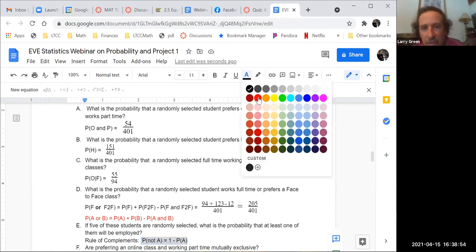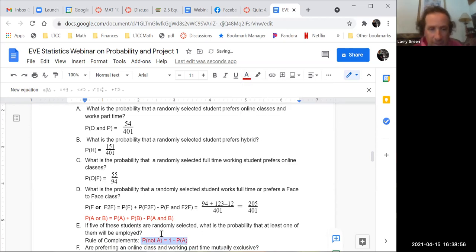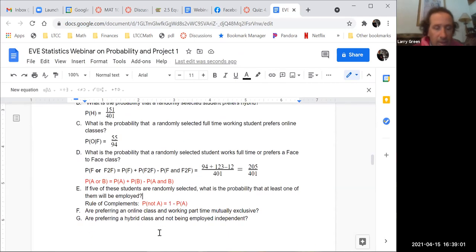So it's a really important and useful formula. We're going to use it a lot. Any questions on the rule of complements? Okay, again, it's something that my guess is you already know, but you have to think to use it.